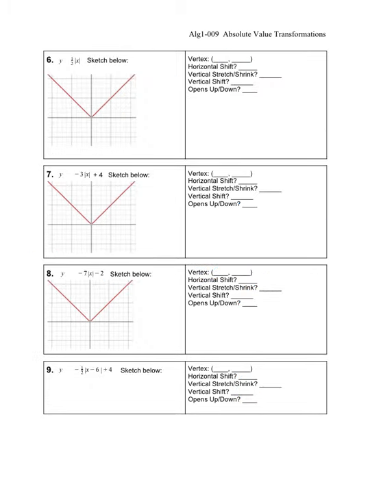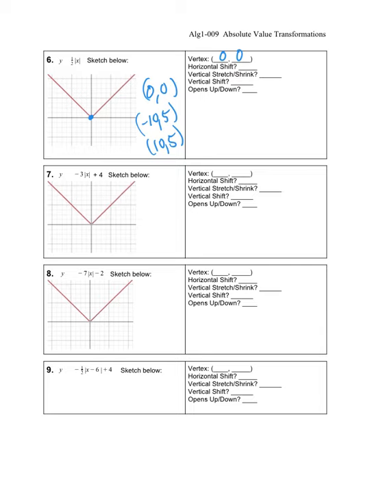6. Let's see. Okay, so the vertex remains 0, 0. I pulled some points off at Desmos. All right, so 0, 0, and then 1, 2, 3, 4, 5, 6, 7, 10. -10, 5. 1, 2, 3, 4, 5, 6.